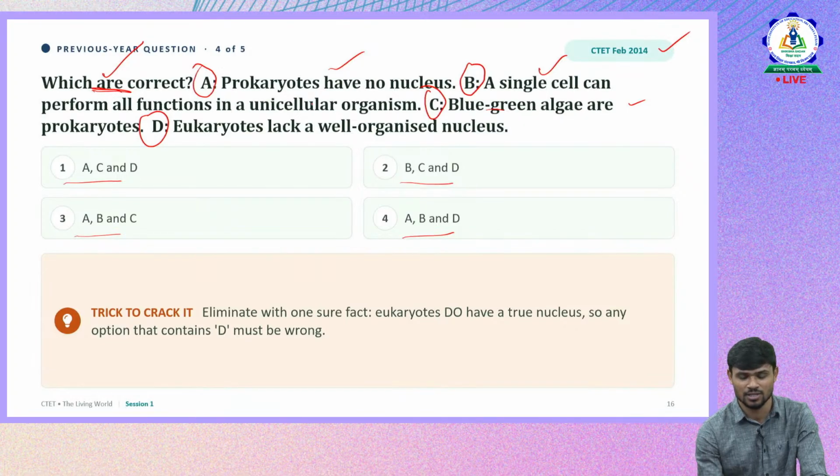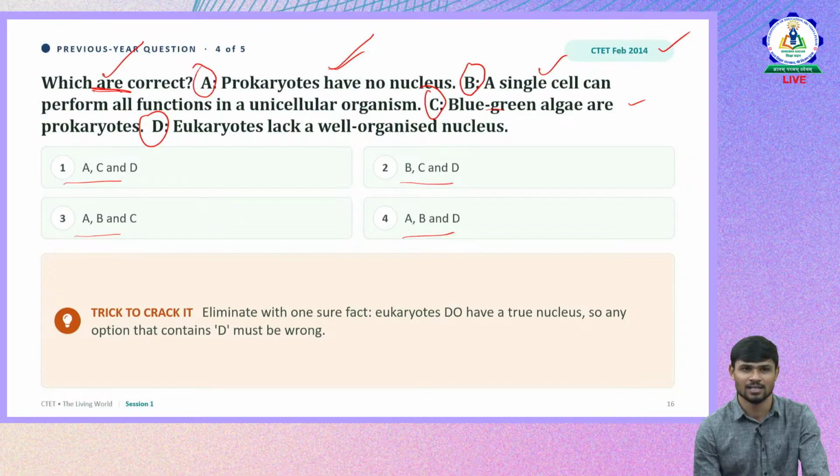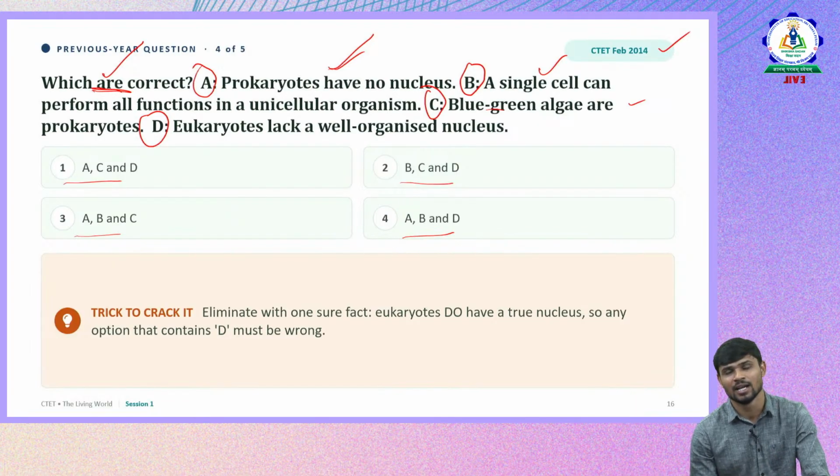So, prokaryotes have no nucleus. Is it right? Yes, it is definitely right, because prokaryotes are the simplest cells and they don't have a proper nucleus. Option 2, a single cell can perform all functions in a unicellular organism. If an organism has only a single cell, it performs all the functions necessary for living.